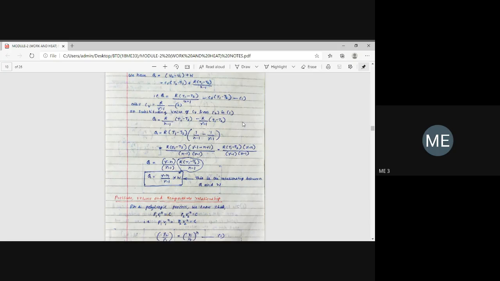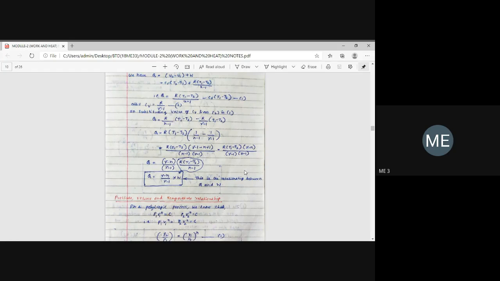Remember, not Cp, dividing all the terms by Cv. Cp by Cv is nothing but gamma, minus Cv by Cv, which is 1.